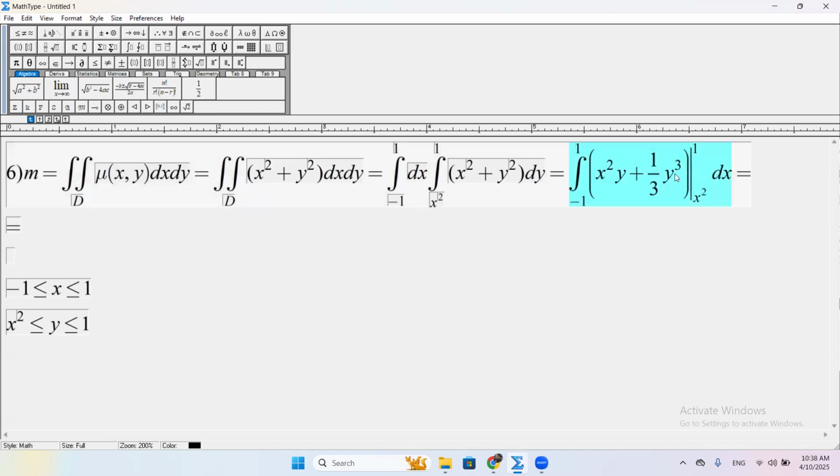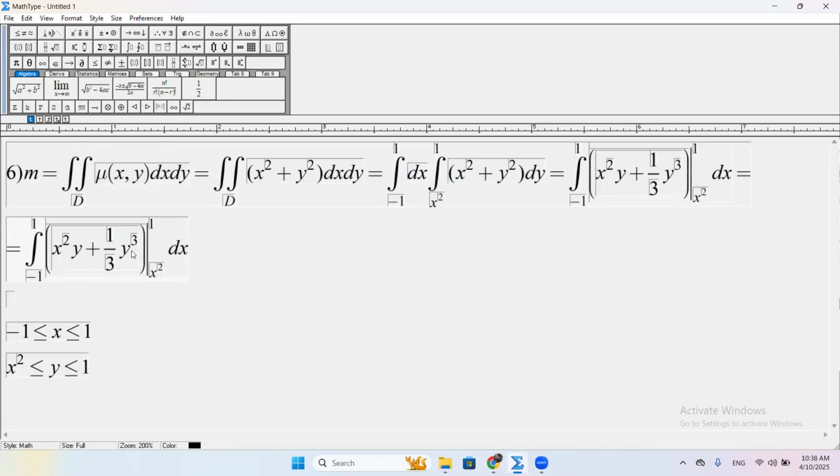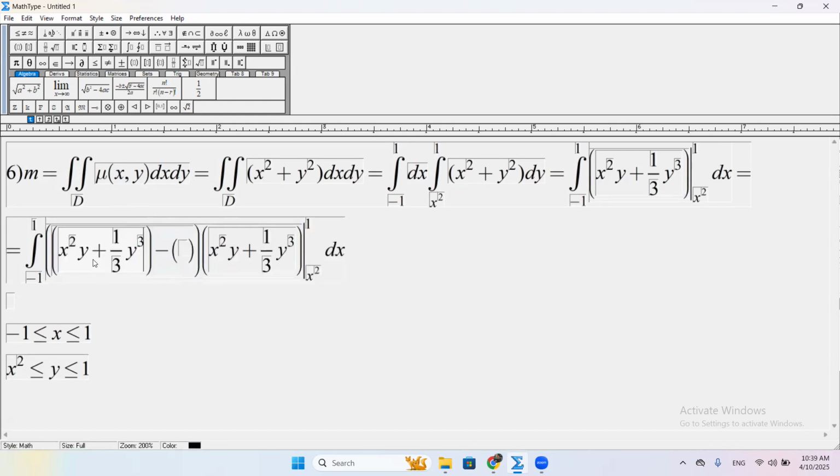Okay, now let's substitute these limits of integration. So what will we receive?